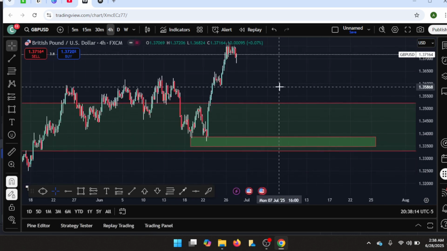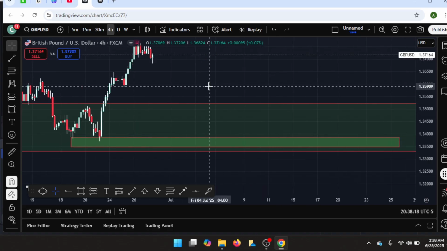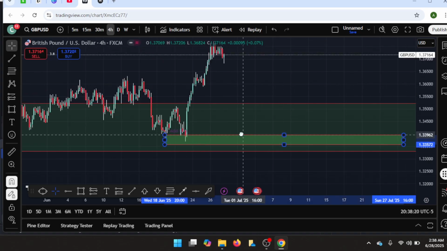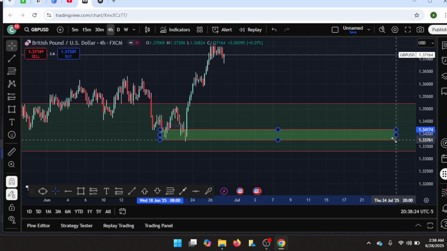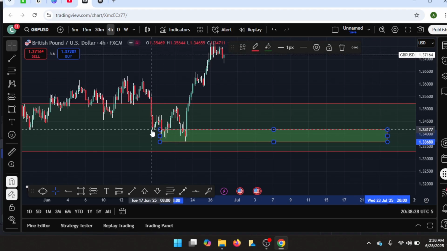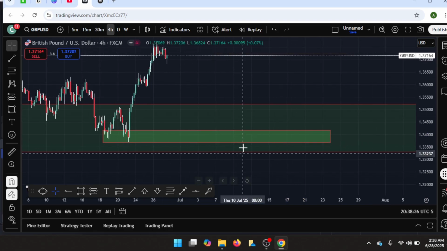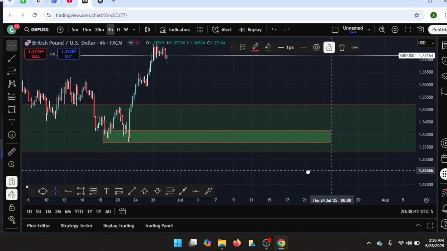We'll zoom in. This is what I always do. Watch the way I'm doing it. I take from this area, I drag it down all the way to this level. This is my 4-hour structure.